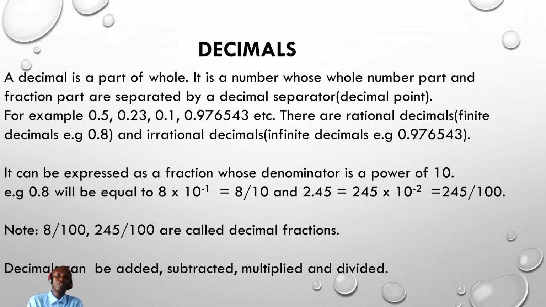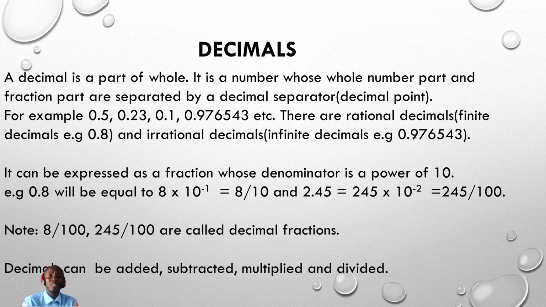So it's actually a fraction. Whenever you see a decimal, just remember that a decimal is a fraction. I hope you guys are getting all that. I'm giving you all the information you need to know when it comes to decimals.